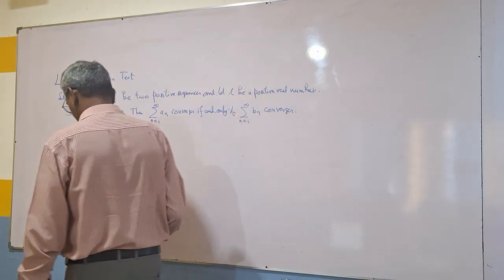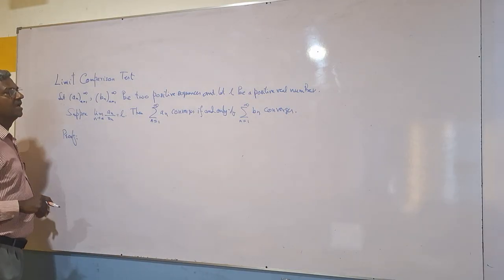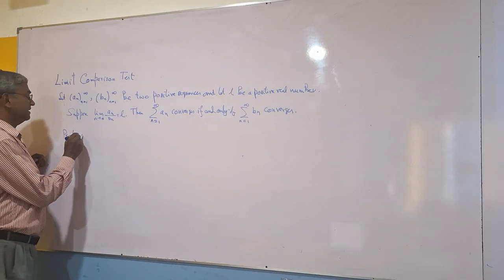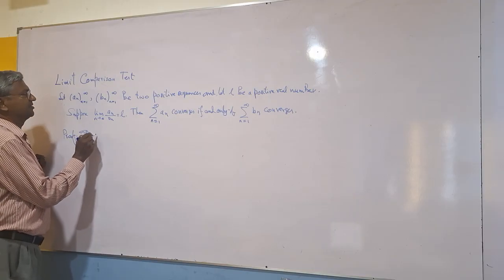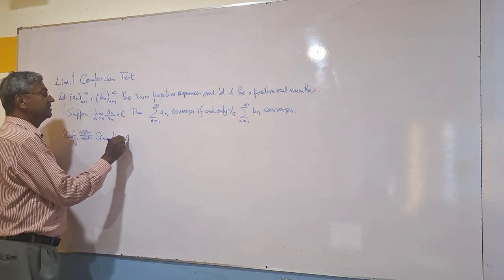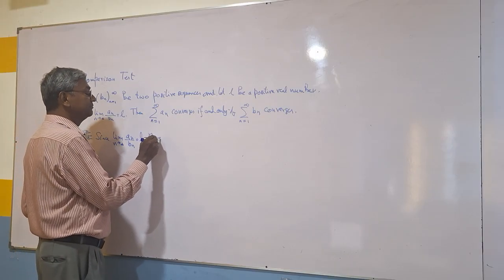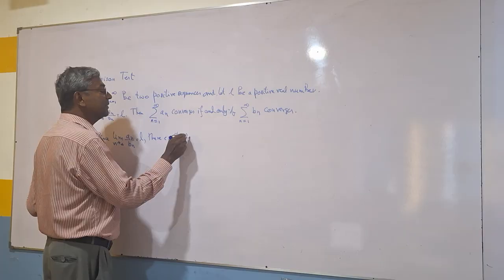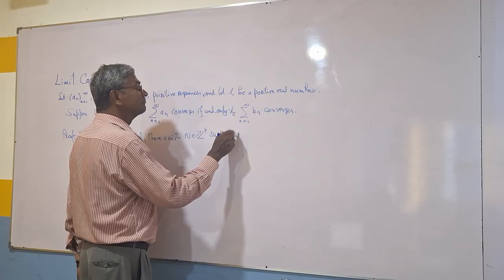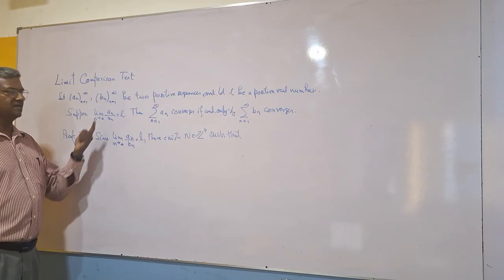Proof. Let L be a positive real number. Since the limit as n tends to infinity of a_n over b_n is equal to L, there exists some capital N belonging to Z plus such that... Before writing the proof, can you see, when you have two sequences, they must be positive, otherwise you cannot divide them.